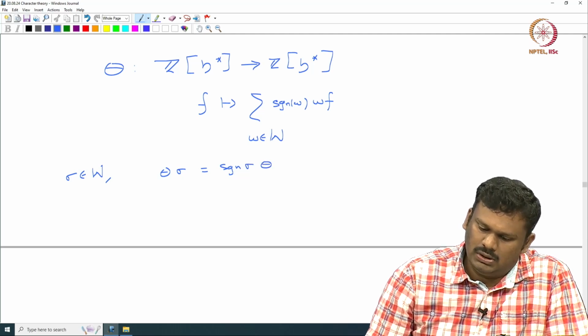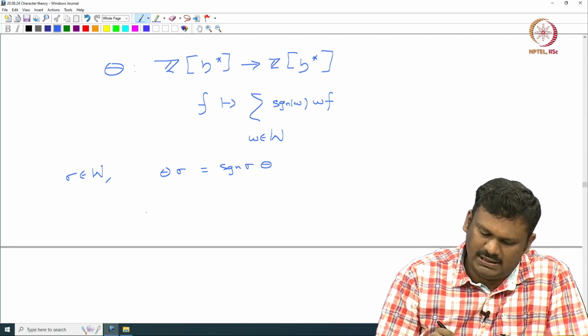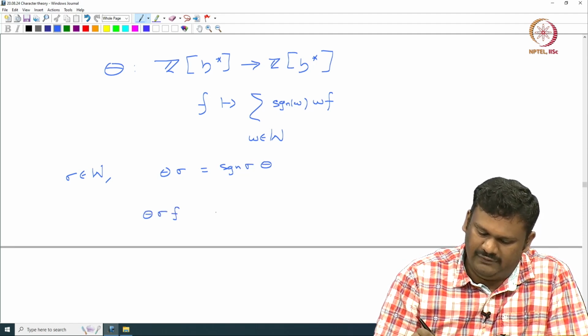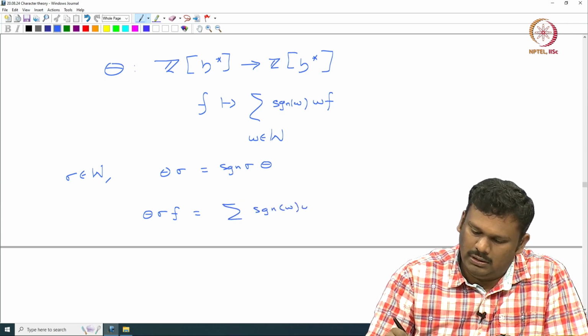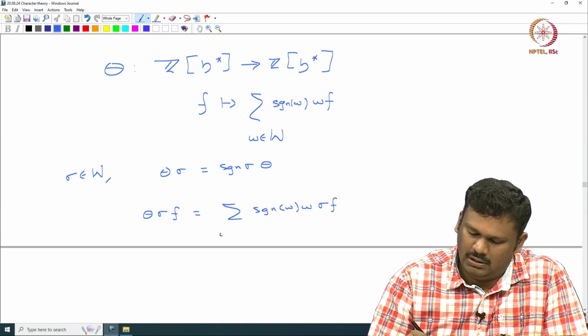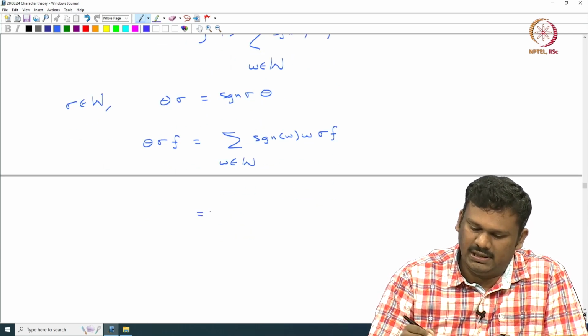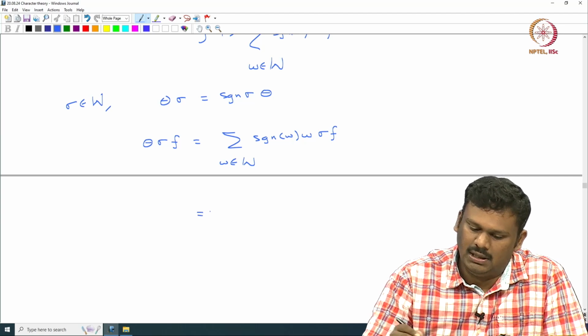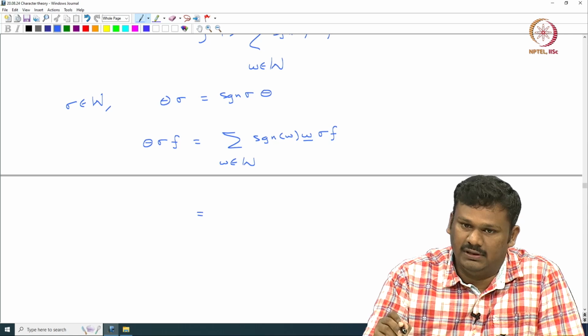Okay. So, this is easy to verify. So, let us verify this. What is theta sigma f? This is just the summation of sine of w, w sigma f, w in W. Now this is the same as you can replace this w by w sigma inverse.